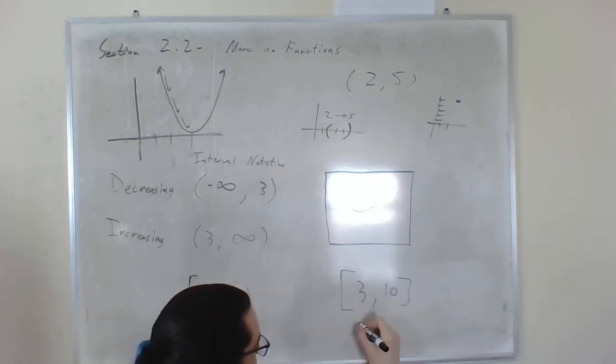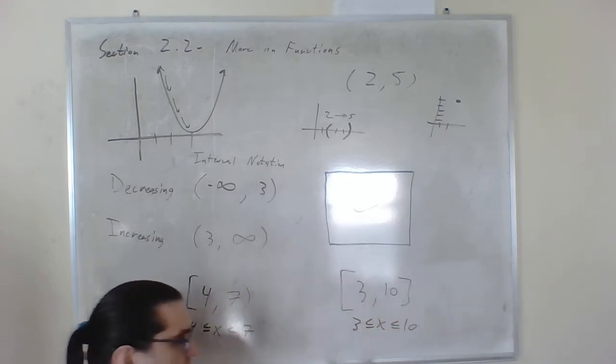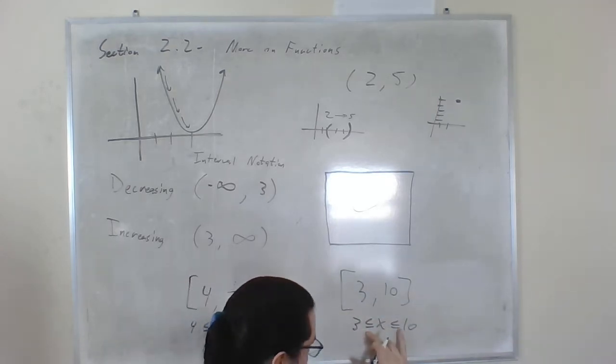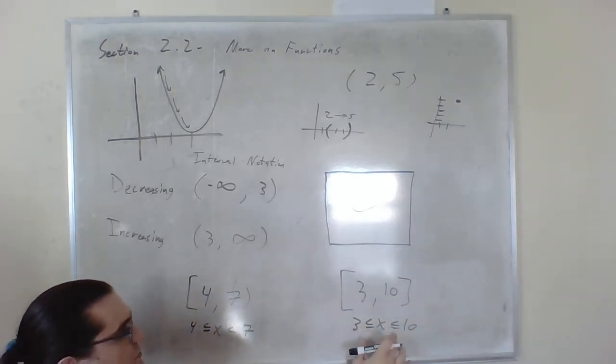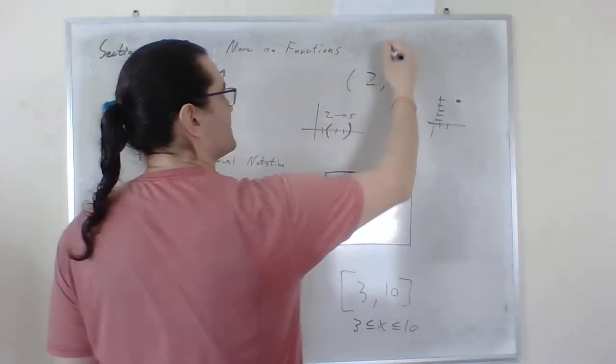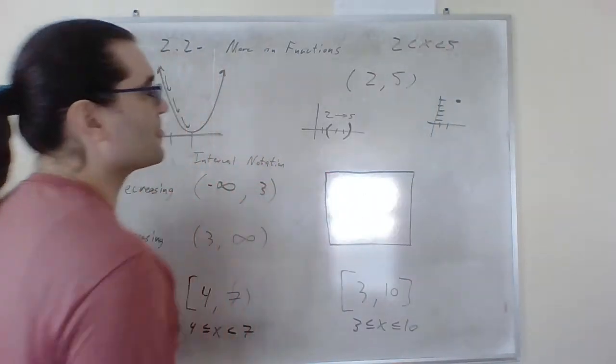On this one, you could say that 3 is less than or equal to x is less than or equal to 10. Because if they're both hard brackets, then they're both less than or equal to. For this one, if they're both parentheses, then it's 2 is strictly less than x, which is strictly less than 5.